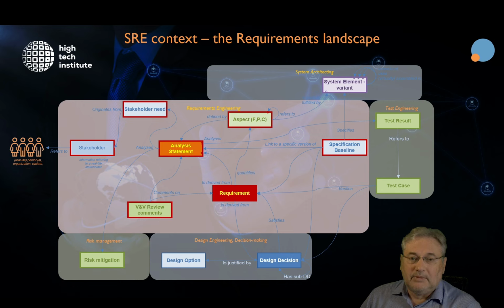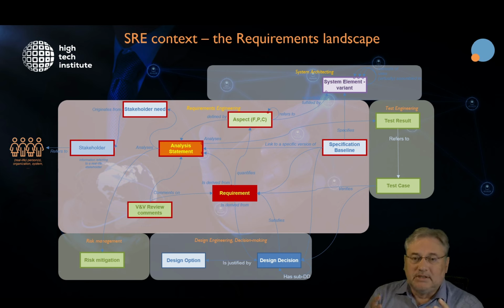A third element in the context of requirements engineering is the entities that are produced during the process activities. We will find records in a database type of environment that have information about the stakeholders, about the stakeholder needs, the analysis statements, the requirements.